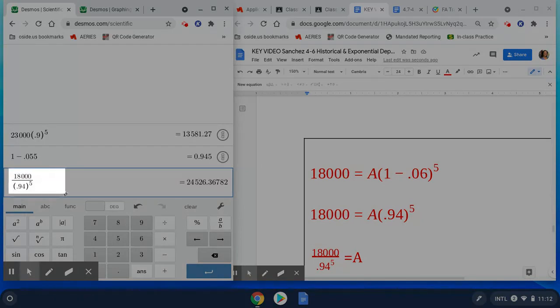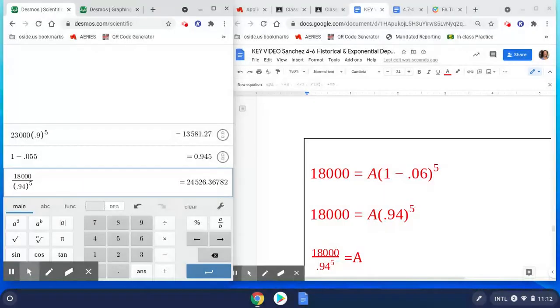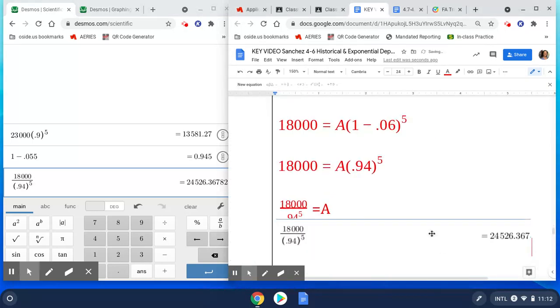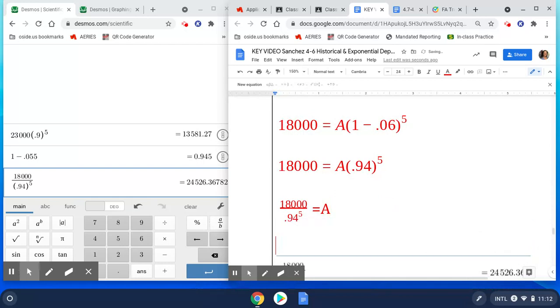And I'm getting an original car value of $24,526.37.